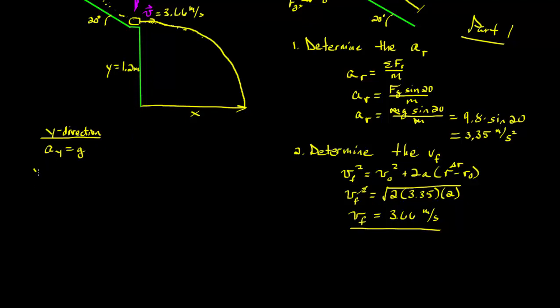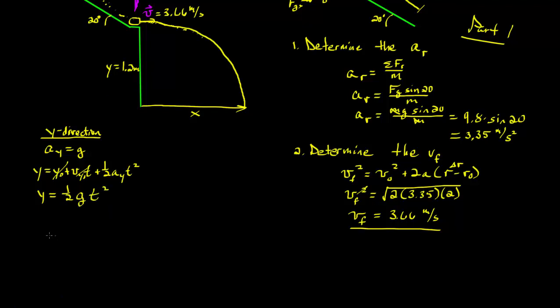So we have y naught plus v y naught t plus 1/2 a y t squared. The initial position is 0, and the initial velocity in the y direction is 0, since this is all in the x. So we get y equals 1/2 the acceleration in the y. Oh, I'm sorry, let's change that, because we know that value is g times t squared.